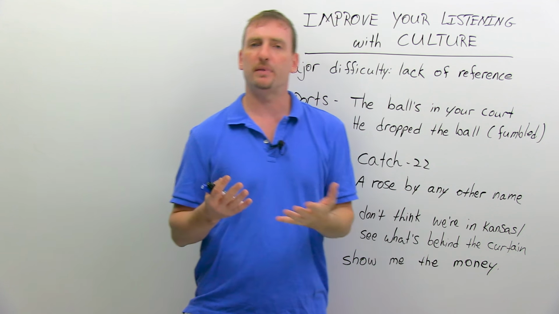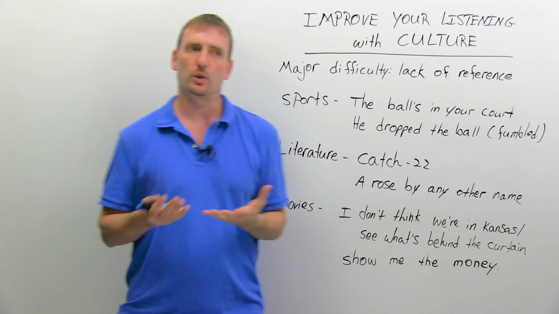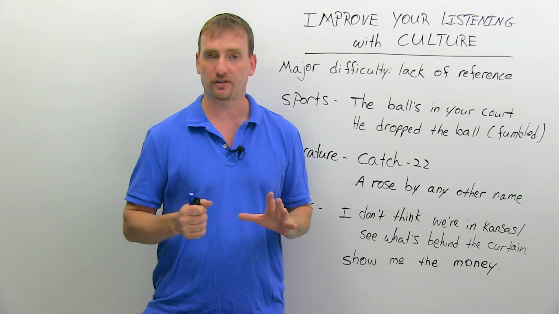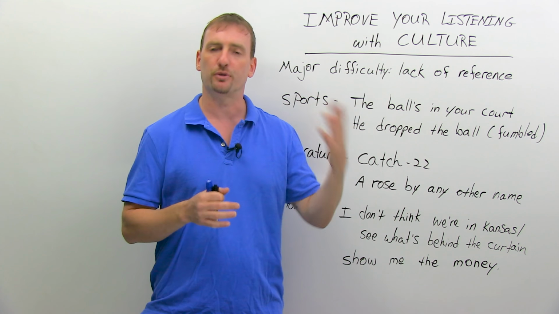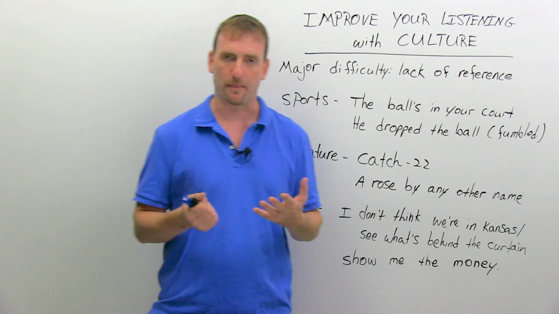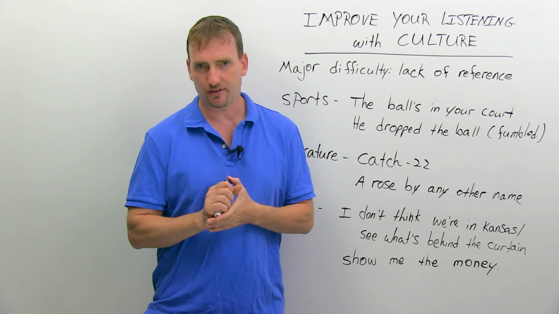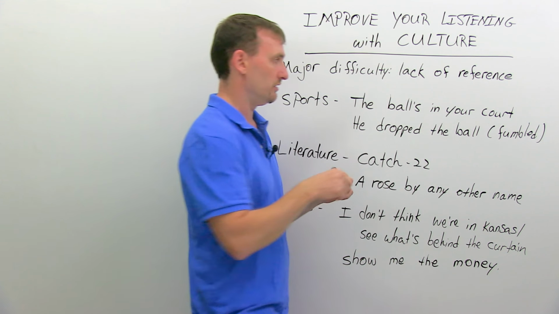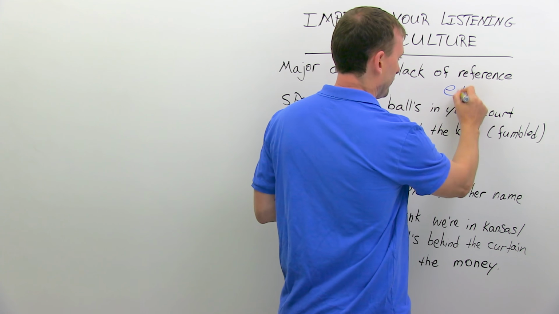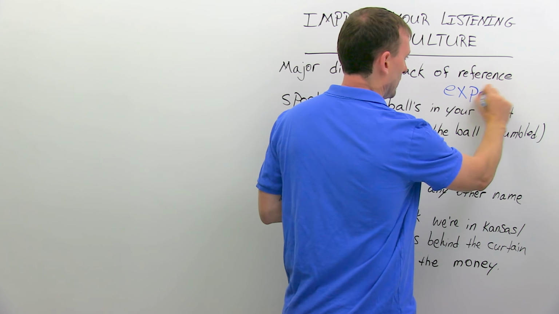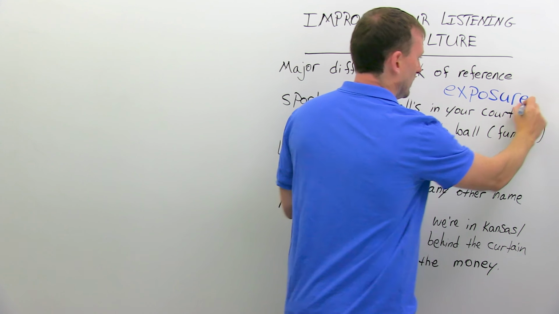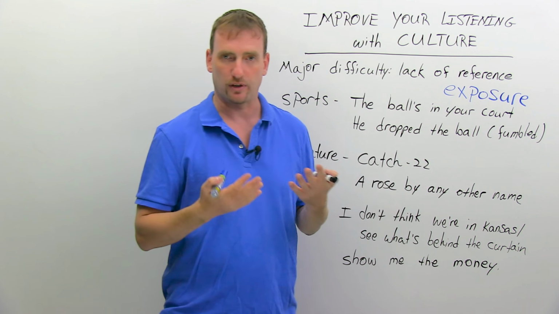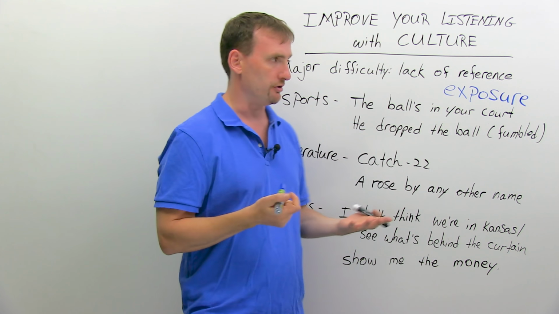Now, a lot of people who are studying English are using textbooks. They're only studying from textbooks to improve their listening, improve their vocabulary, their grammar, etc. The problem with textbooks is that they are very limited in terms of the exposure you're getting to the language. Exposure means what you're basically coming in contact with, what you're seeing, what you're hearing, what you're reading.